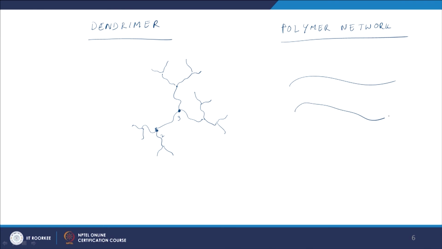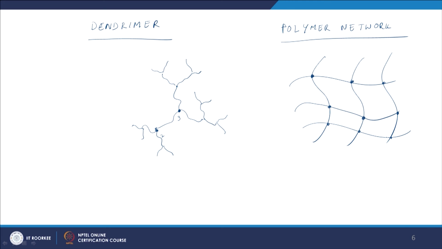So, what it is really composed of is polymer chains, and they are cross-linked at these points. There is either a covalent linkage or a physical linkage that combines them together, so they form a very nice network.